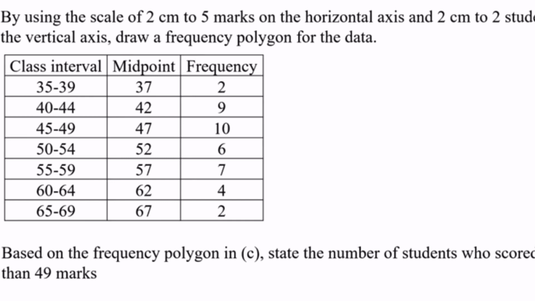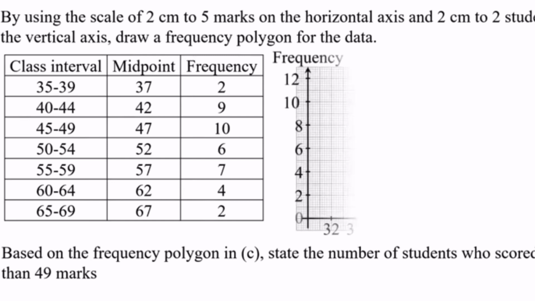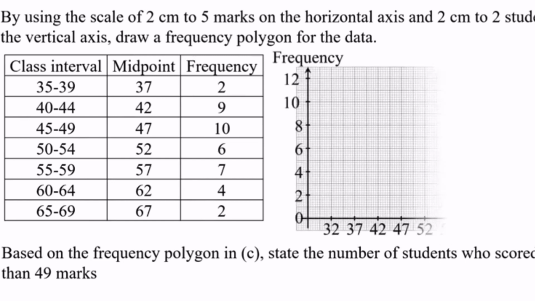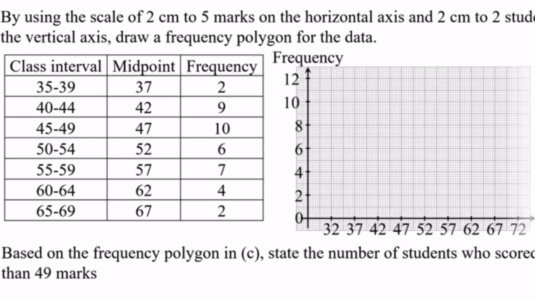So now let's proceed to the drawing of the graph. Normally when we draw the frequency polygon, we always label the axis vertically as frequency, and horizontally will be the midpoint of the data.